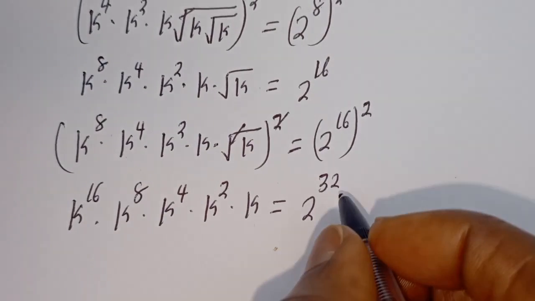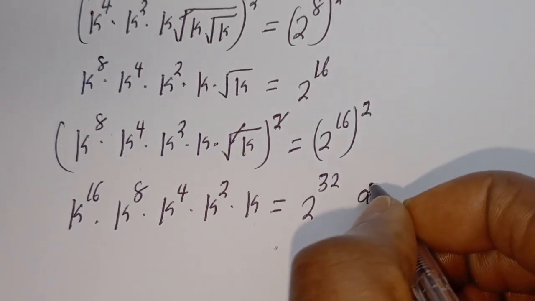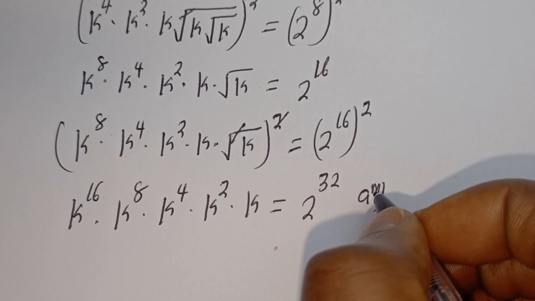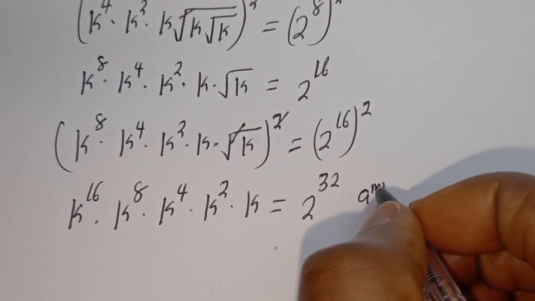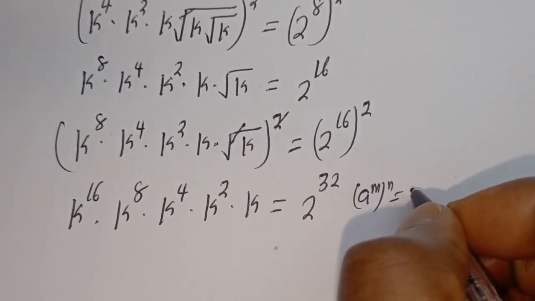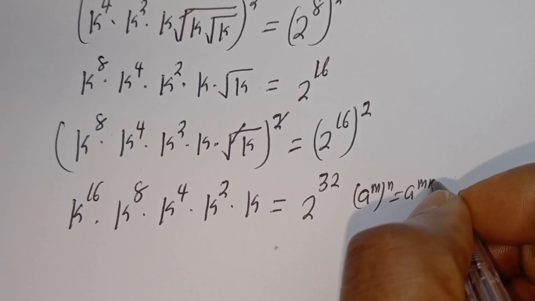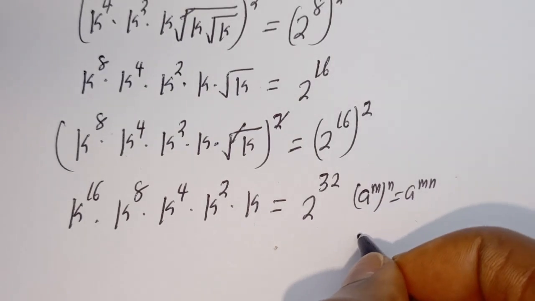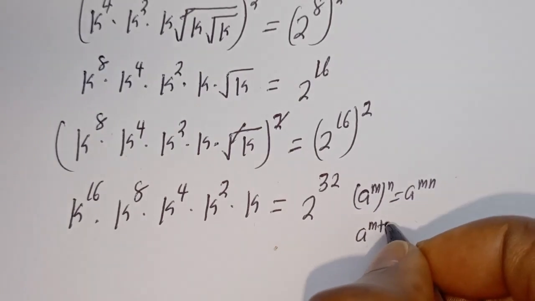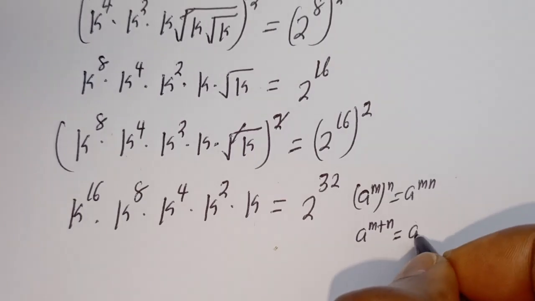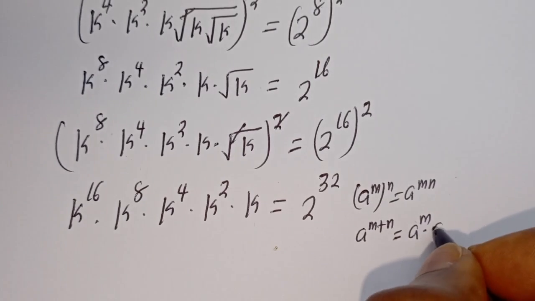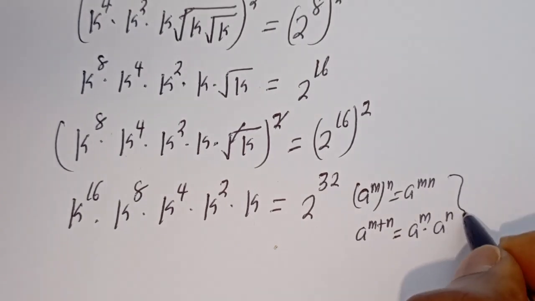Then here, take note of this, that if you have a to the power of m to the power of n is equal to a to the power of mn. And if you have a to the power of m plus n is equal to a to the power of m multiplied by a to the power of n.